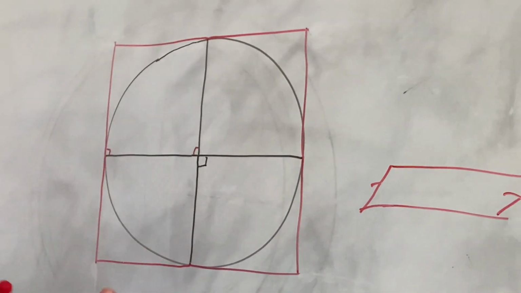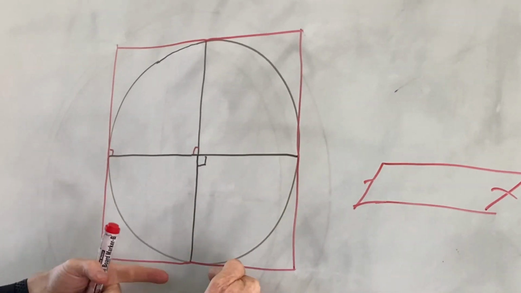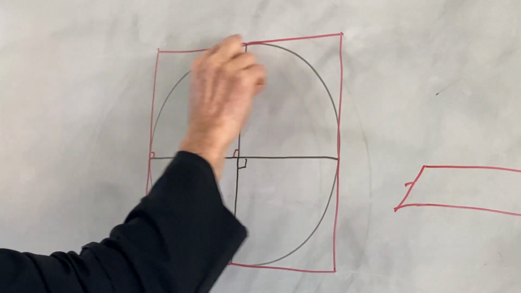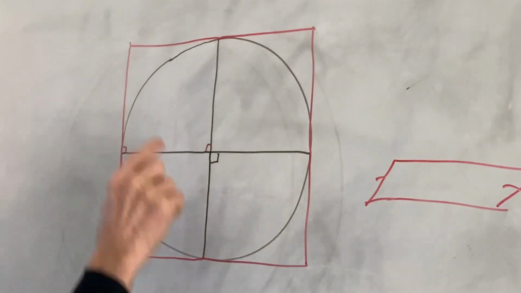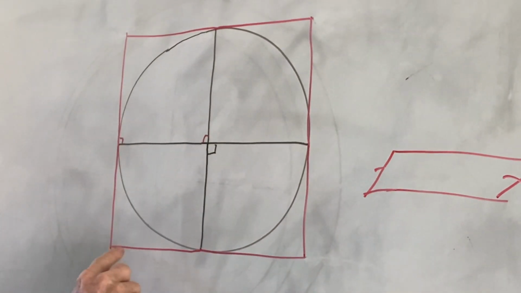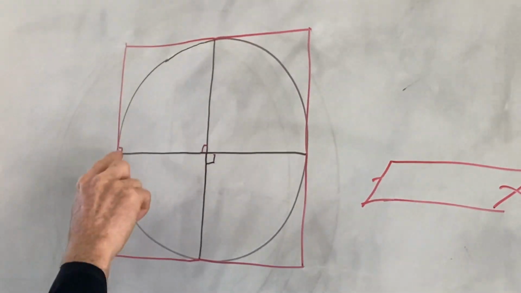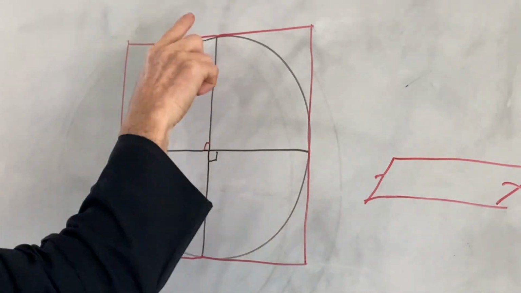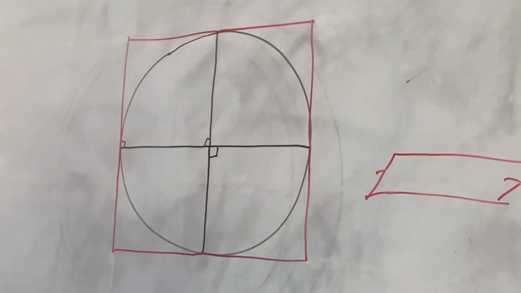Great, opposite sides are equal because this is a parallelogram, this is equal to this. Opposite sides of a parallelogram are equal. This is a parallelogram, this is equal to this. Two things equal to the same thing are equal to each other. This and this are equal to this, but this is equal to this because they're diameters of the same circle.